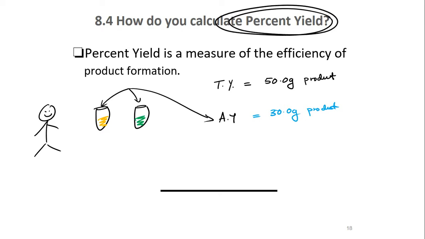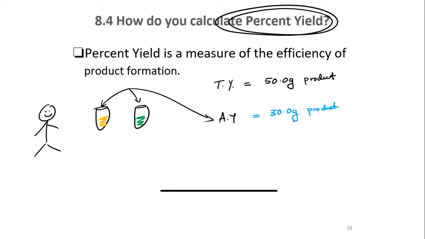The percent yield is basically the ratio in percentage between the 50 grams of product that you expected to get and the 30 grams of product that you actually got. So percent yield is a way to calculate how much of the original calculated product you actually got when you did the experiment.